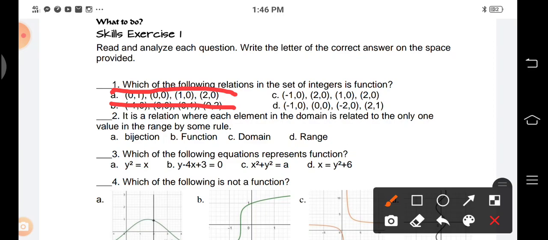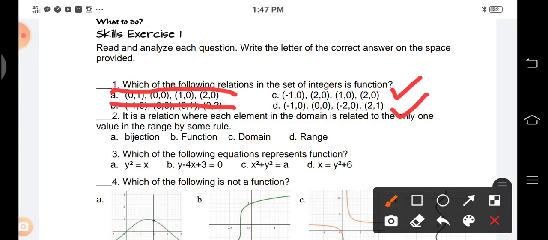How about letter C? Negative 1, 2, 1, and 2. So it's not repeated. How about letter D? Negative 1, 0, negative 2, 2. So it is also not repeated. So we have two functions, letter C and letter D. Okay, sorry.